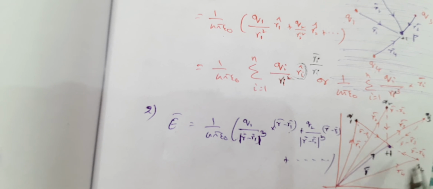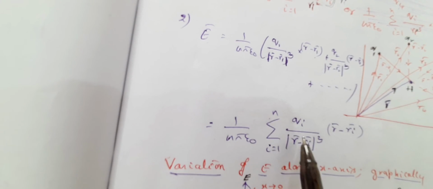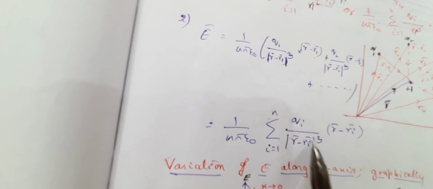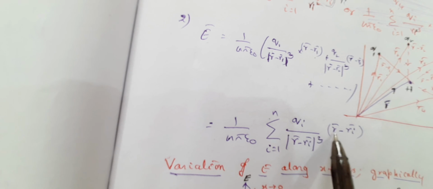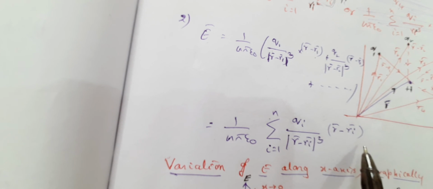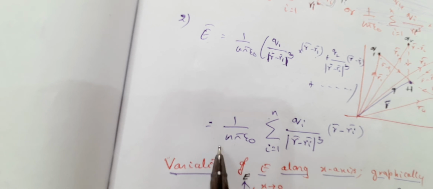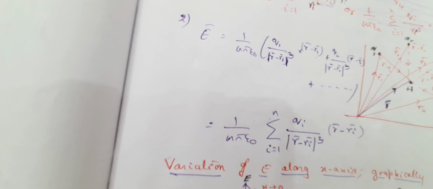This is how we write it in vector form, and in the simplified summation form, Qi by modulus of R bar minus Ri bar whole cube into R bar minus Ri bar. So this is about electric field strength due to multiple charges.